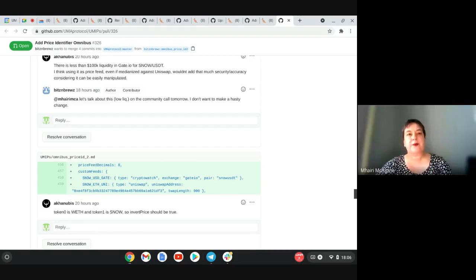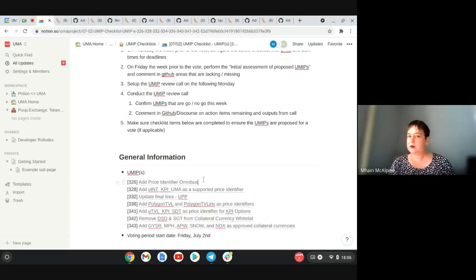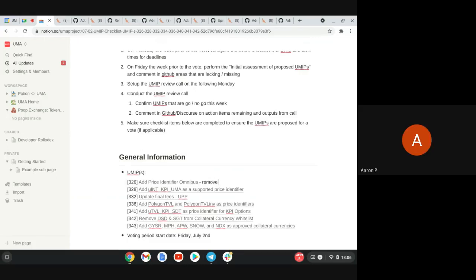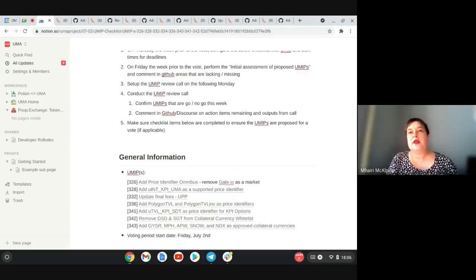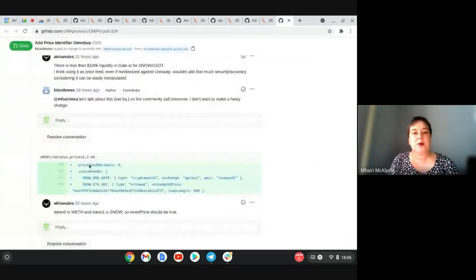Okay, so we're removing gate.io from Snow. Yes. Now, the other one that people had noticed, Anu, I think, was that it was inverted on Uniswap.